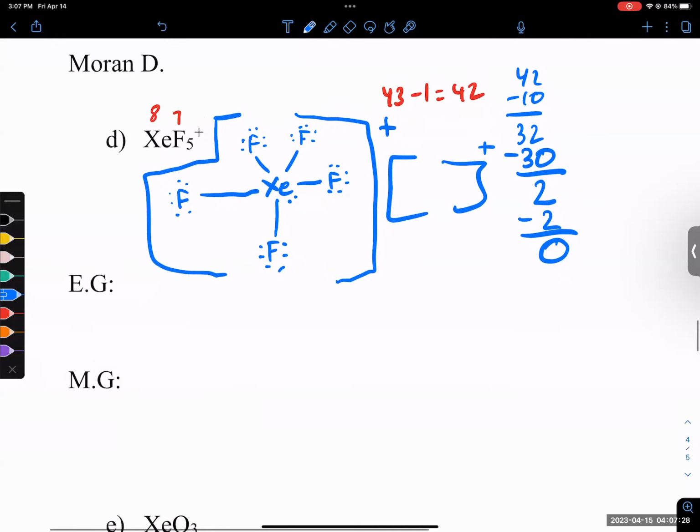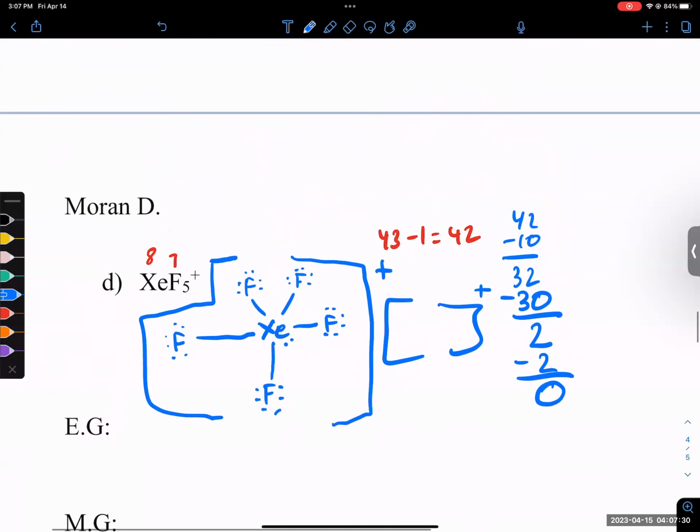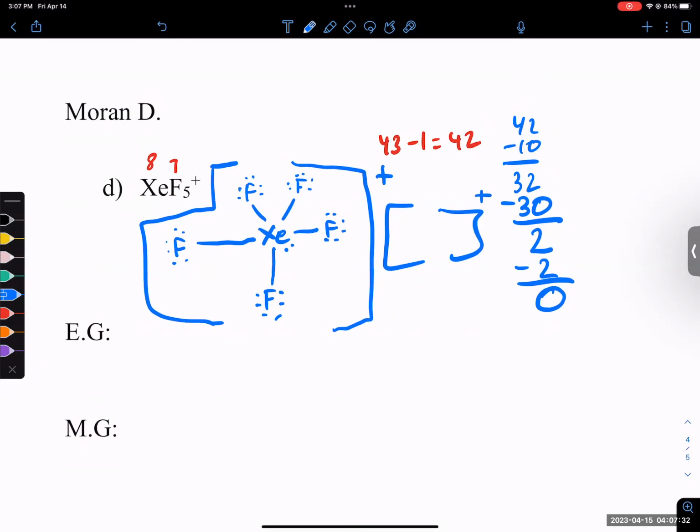So what is our electron geometry? How many electron regions do we have? We got 1, 2, 3, 4, 5, plus the lone pair 6.